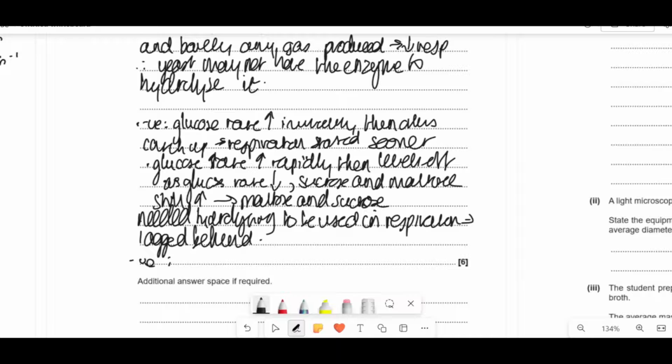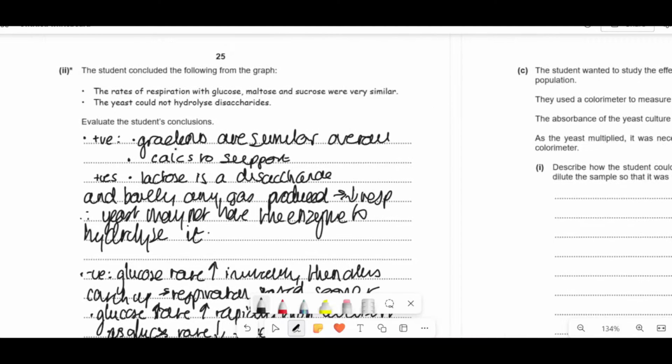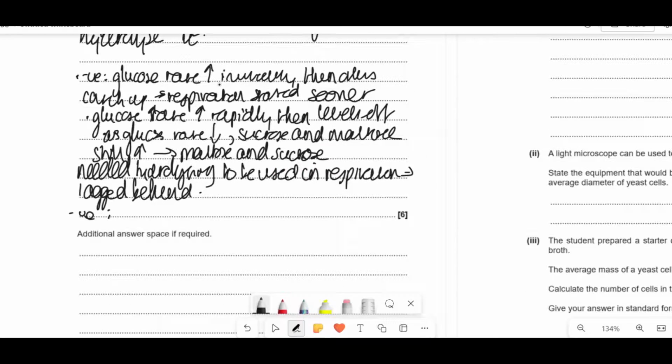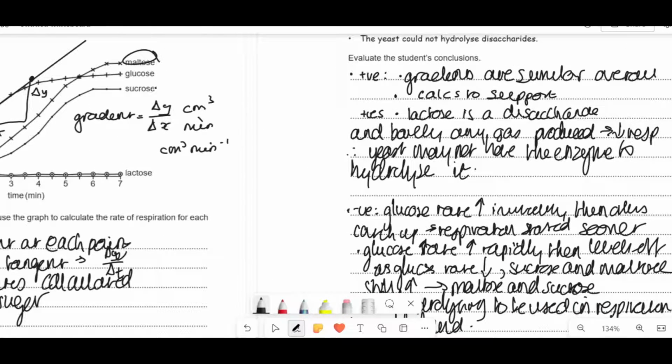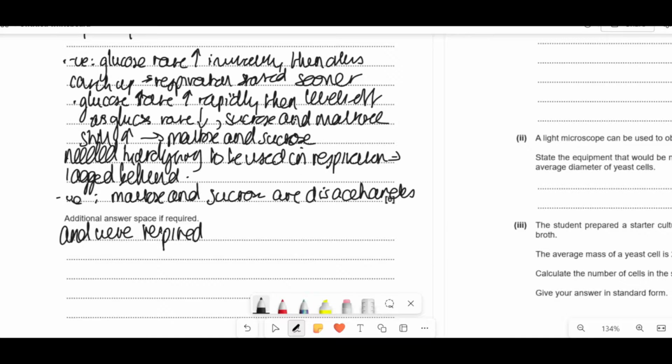And then in regards to the other one, which was the disaccharide bit, well, hello, these are disaccharides, and they still were able to do it. So this student got it wrong there, because maltose and sucrose are disaccharides and were respired, right?